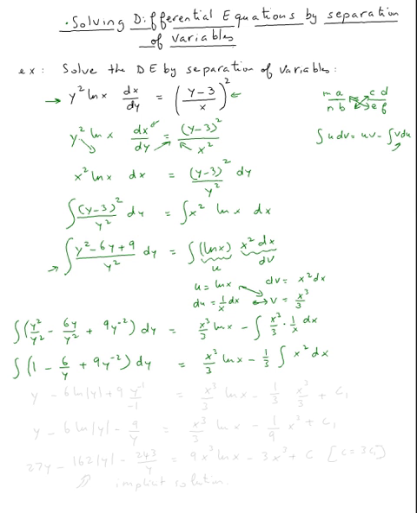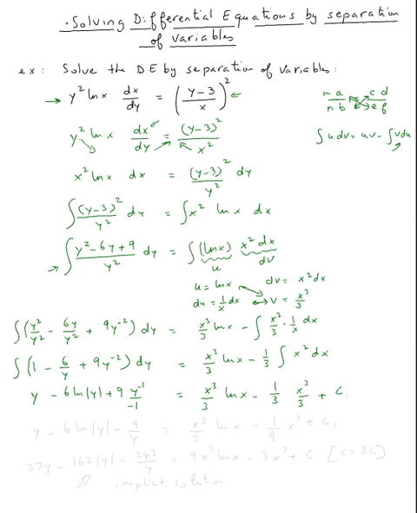Now on the left side, the integral of 1 is y, minus 6 times the integral of 1 over y, which is ln of the absolute value of y, plus 9 times y to the negative 1 over negative 1. This equals x cubed over 3 ln x minus 1 over 3 times the integral of x squared, which is x cubed over 3, plus some constant.